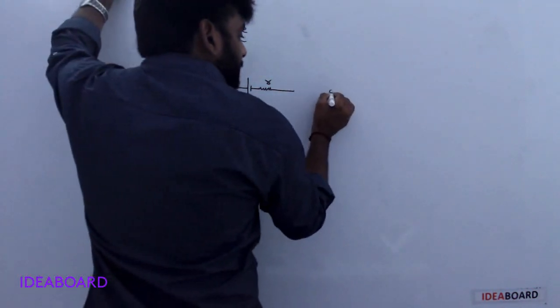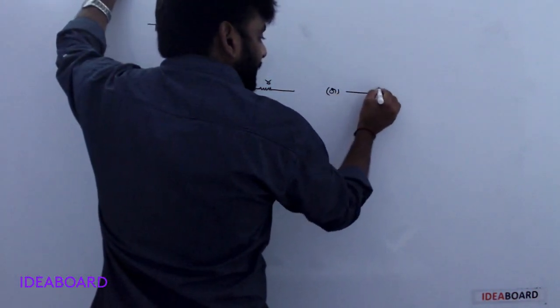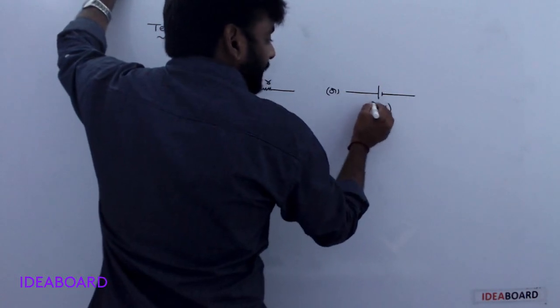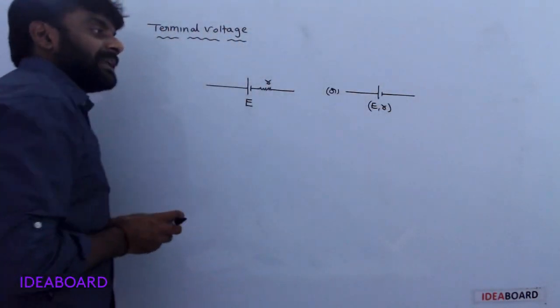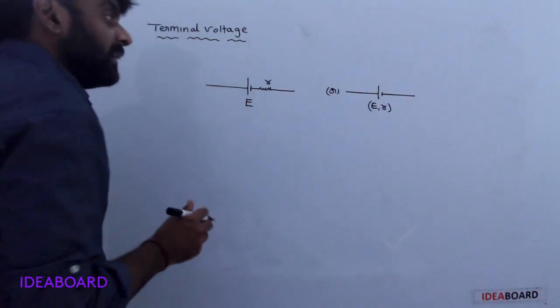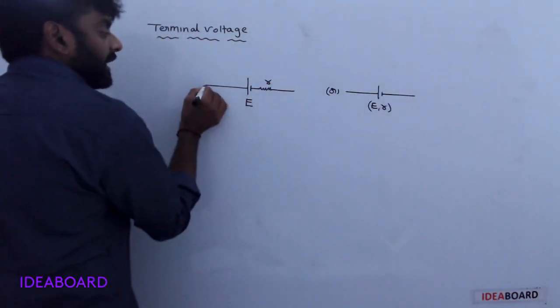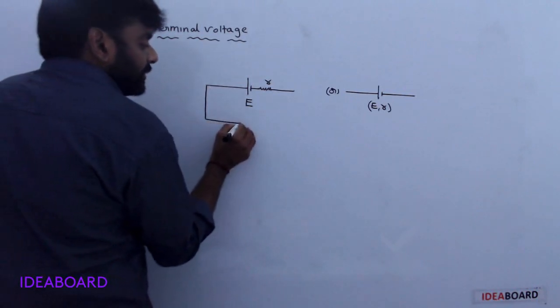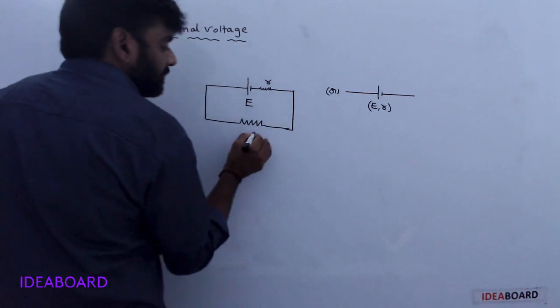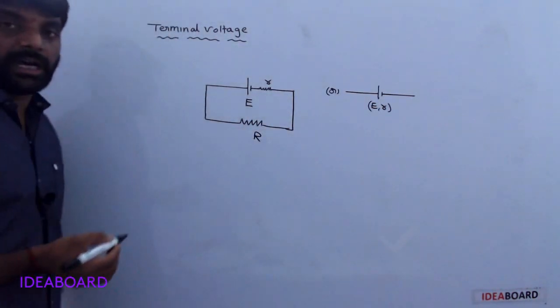Sometimes it is represented only in this way, that means internal resistance is represented outside or inside. It is connected to one external resistor. Understood?